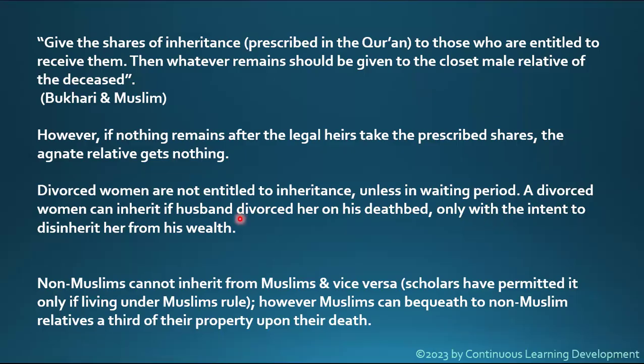A divorced woman can inherit if the husband has divorced her deliberately with the intention that he wants to disinherit her from his wealth. So he divorces her on his deathbed so that he could deprive her of the laws of inheritance, and that's his intention. Then that would not stand and she would be able to inherit according to scholars.